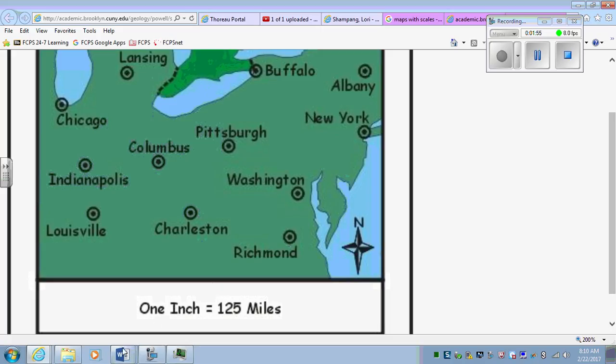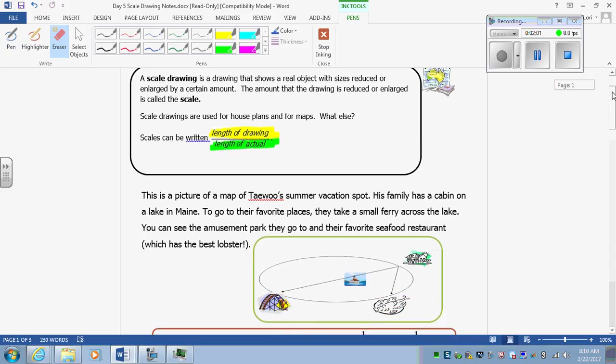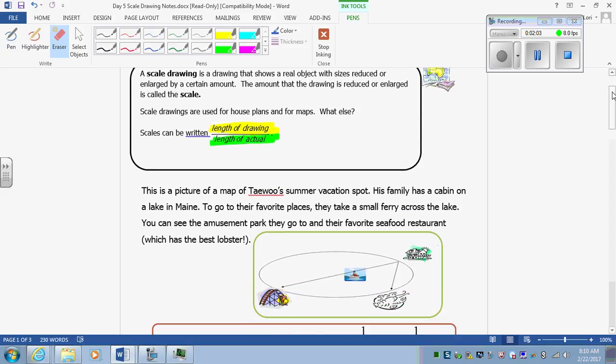So let's look at the notes again and see if we can make sense of these. Scale drawings are used for house plans and for maps. A lot of times if you are, for example, remodeling your kitchen, the architect might show you his plan for your kitchen on a drawing. And again, that drawing is going to have some sort of scale factor to show what the actual size of the proposed kitchen is going to be.